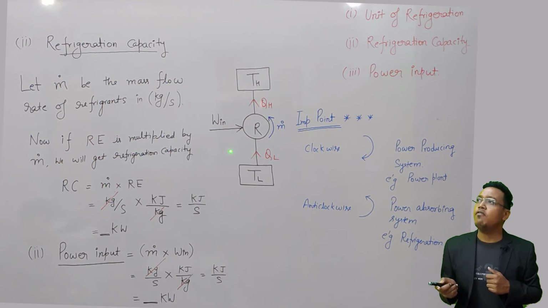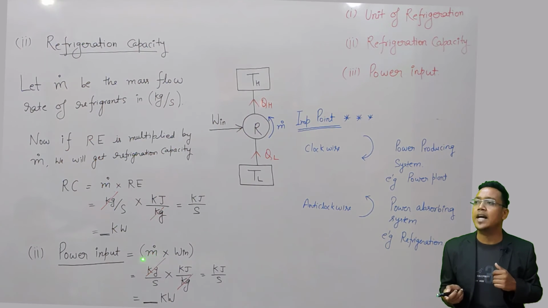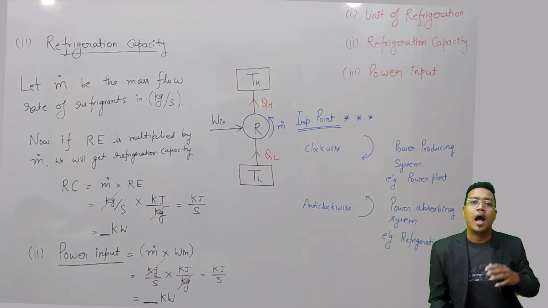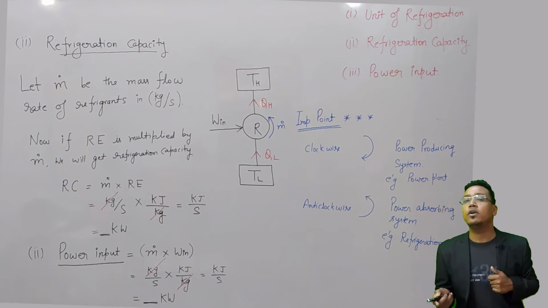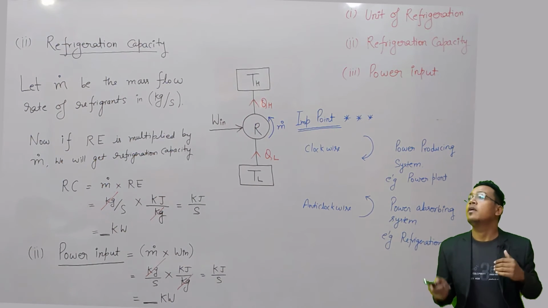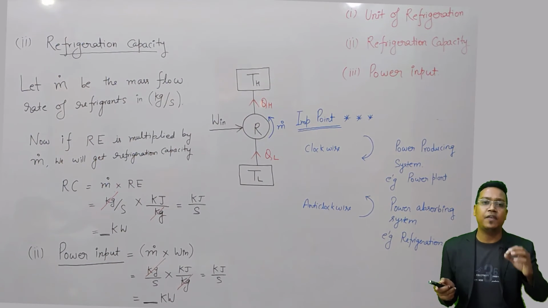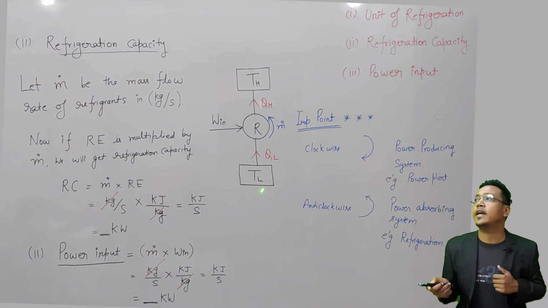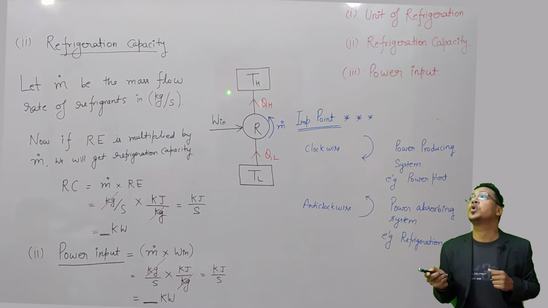We multiply work input by mass flow rate, and in the same way I get this in kilowatt. That means I am getting refrigeration capacity from refrigeration effect, and power input from work input. Here the refrigeration effect is QL. You know very well that the refrigeration effect for a refrigeration system is QL. If it is a heating system, then the desired effect shall be QH.